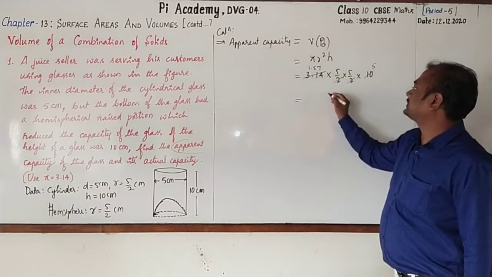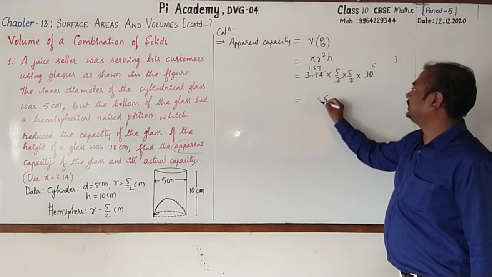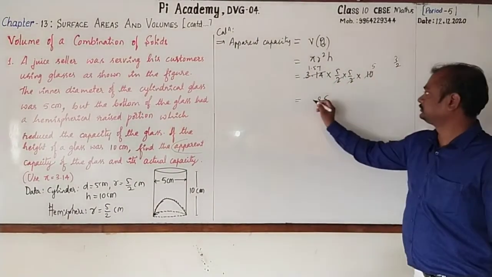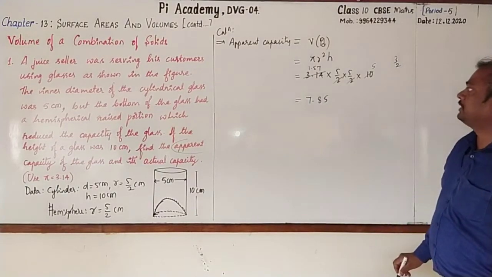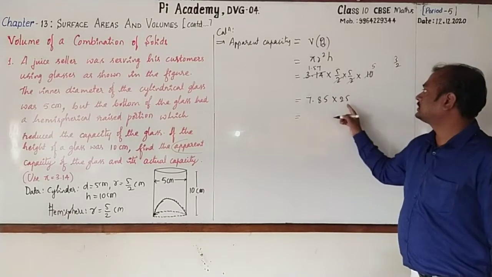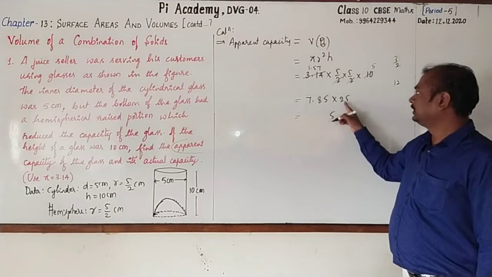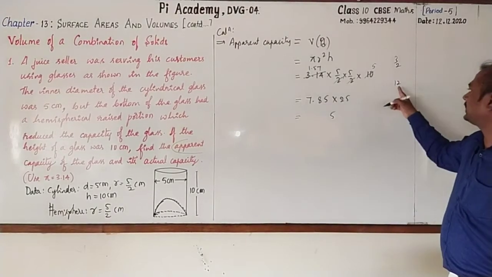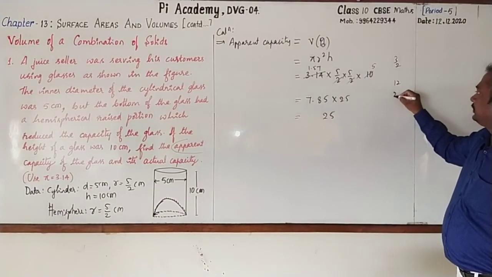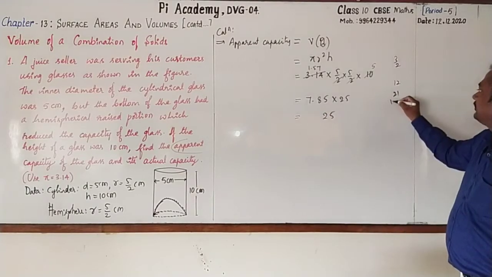into 5. 5 7s are 35, 3 is the carry, 5 5s are 25, plus 3, 28, 2 is the carry, 5 1s are 5, plus 2, 7. 7.85 into 25. 5 5s are 25, 5 2s are 10... 125, 12 is the carry, 25 8s are 200 plus 12, 212, 21 is the carry, 25 7s are 175.